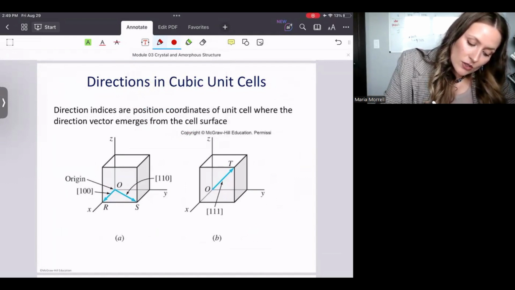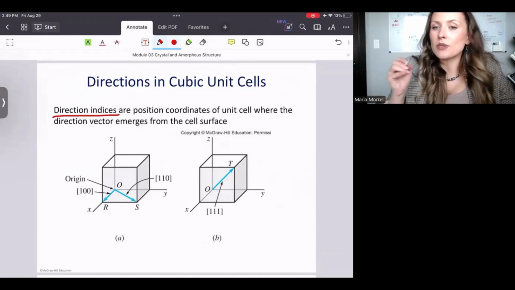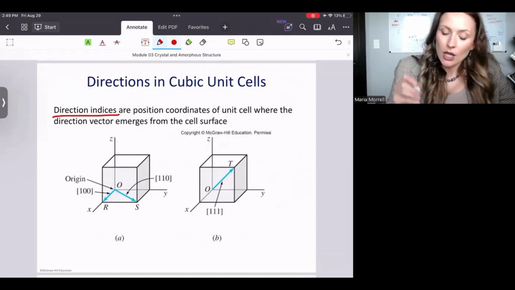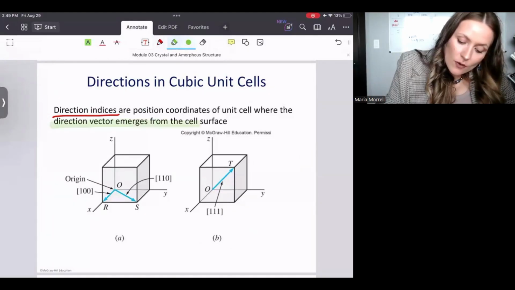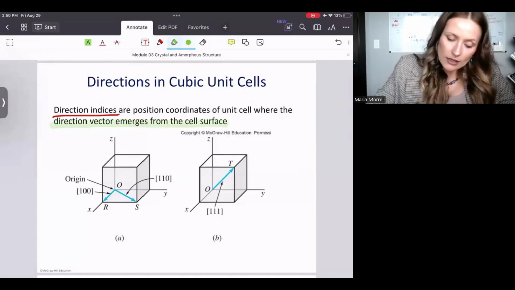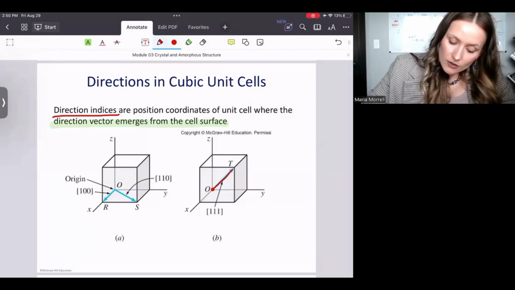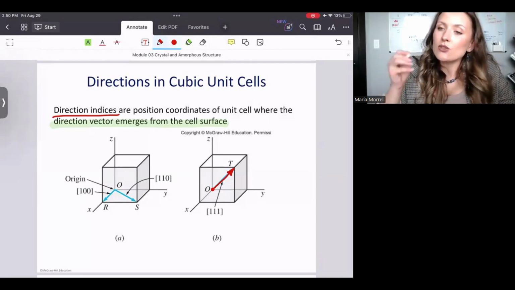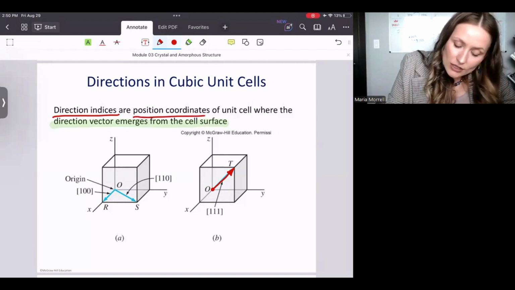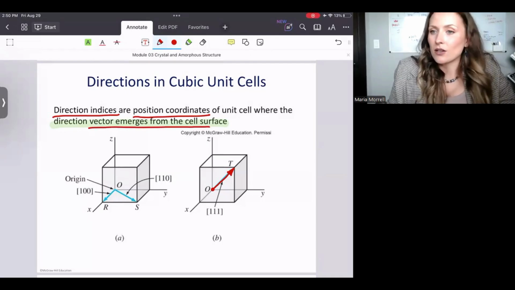So whenever we need to determine the direction indices, we just need to identify the position coordinates of the unit cell where, and now this is important, the direction vector emerges from the cell surface, okay? So let's say if this is my origin and I have this vector. For me to define this vector, it's going to be very, very simple. I just need to determine the position coordinates where the vector emerges from the cell, right?